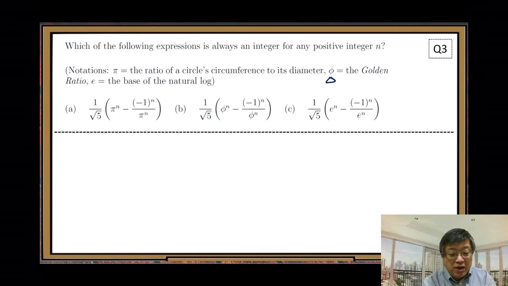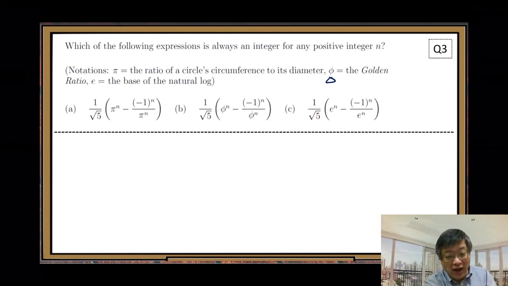Then these expressions A, B, C. If someone does not have the basic knowledge we learned about Fibonacci numbers, then they may not get an idea how to answer this question, although they can plug in numbers to do the calculation.